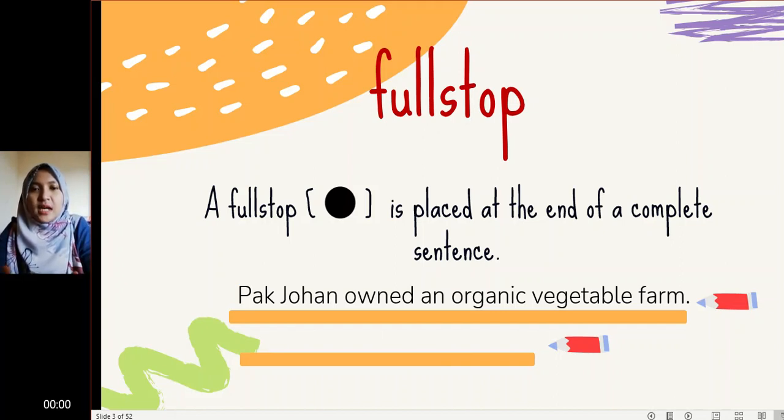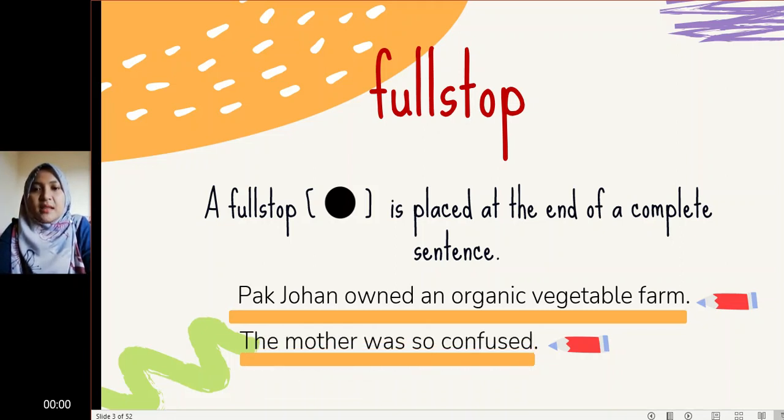This is a complete sentence, and look at the very end of the sentence. You can see the dot. This is a full stop. Make sure that every time you finish writing a complete sentence, you put the full stop. Next: The mother was so confused. At the end of this sentence, you can see the dot, which is a full stop.